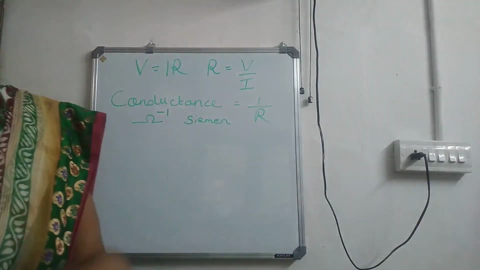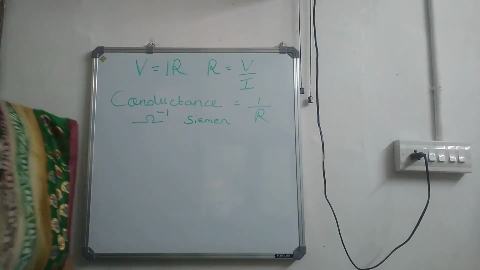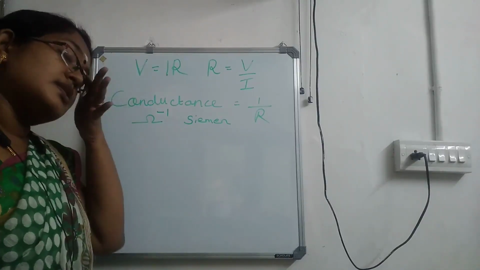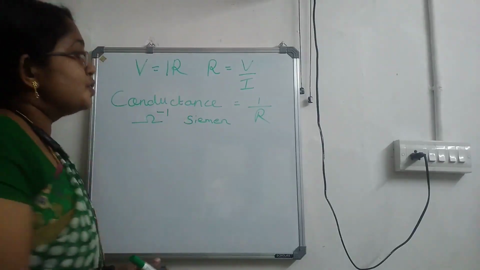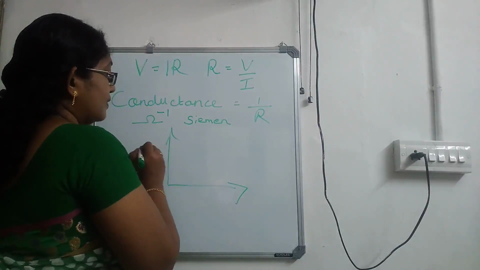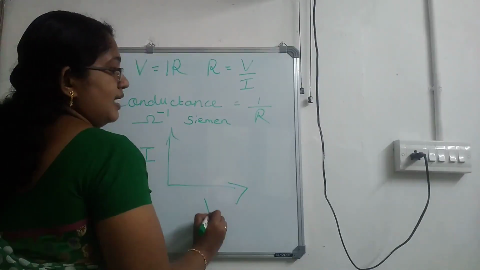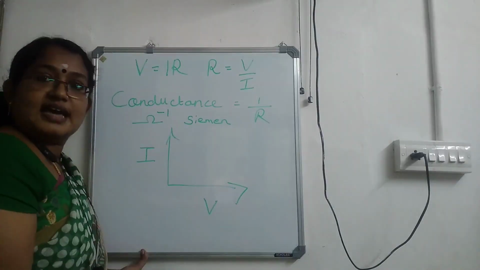Okay. Now the next thing is there about the graph. Okay, we are going to consider a graph related to Ohm's law. So first we will be considering IV graph. Okay, I along the y-axis and V along the x-axis.